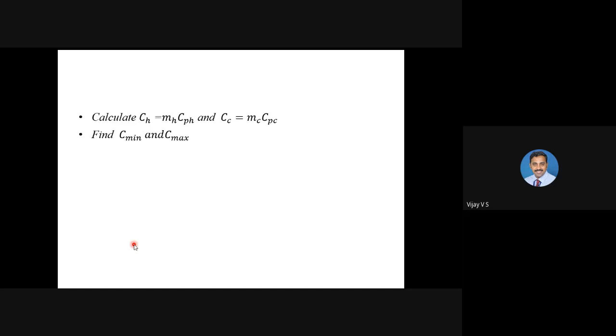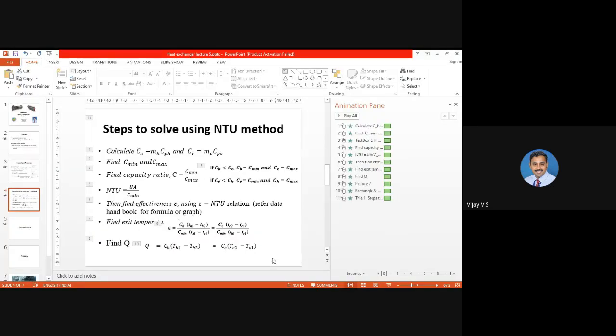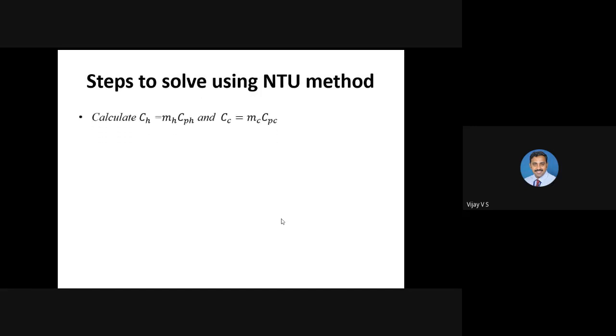Okay, now for the NTU method we will see some of the important formulas. So here what we have to do is first calculate CH and CC, that is the capacity rate, based on MH and CPH, and MC and CPC.